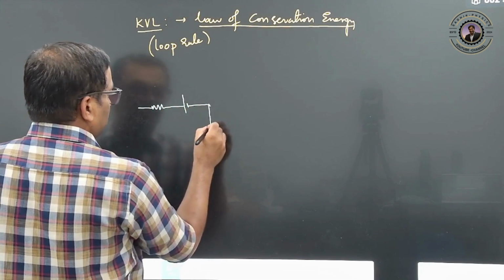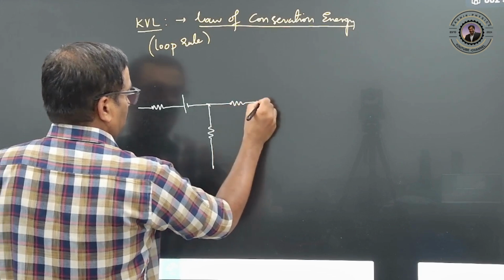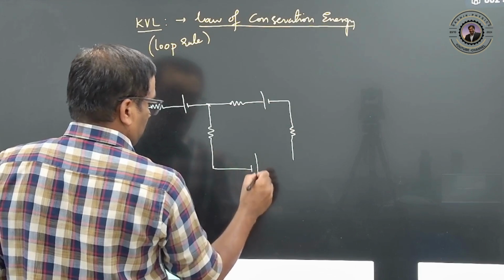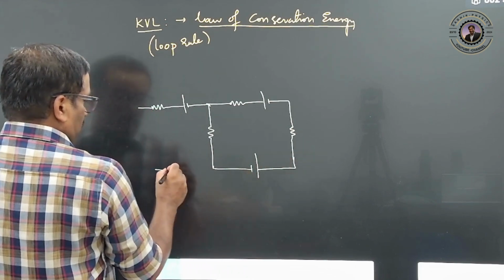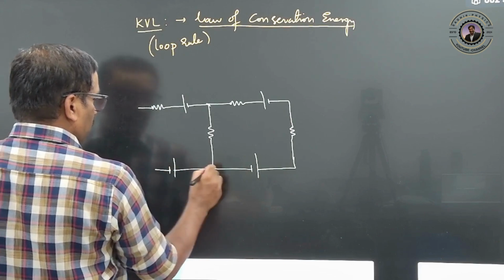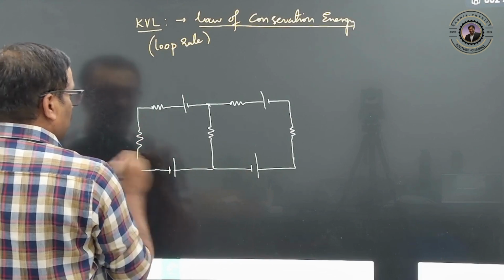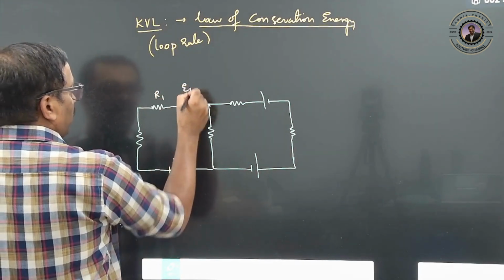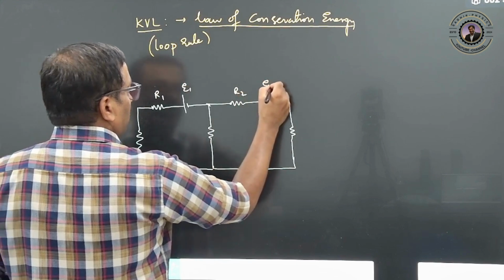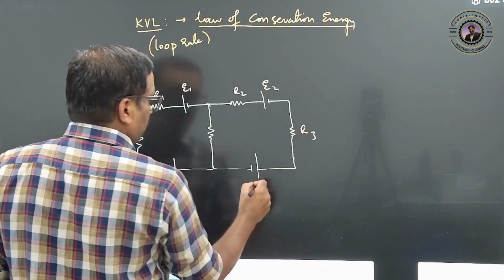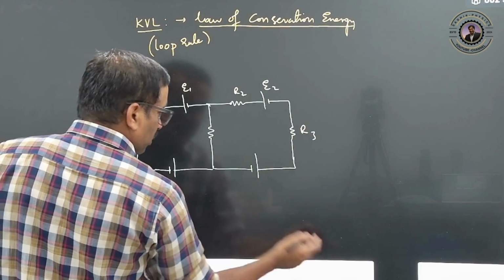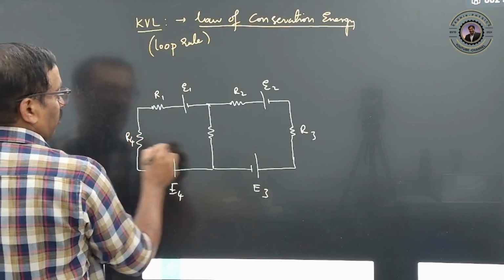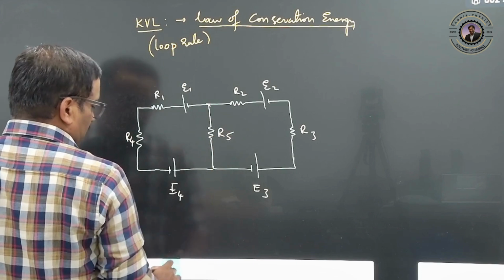Suppose this is one circuit, I will write it like R1, E1, R2, E2, R3, E3, E4, R4, R5, like this is given.